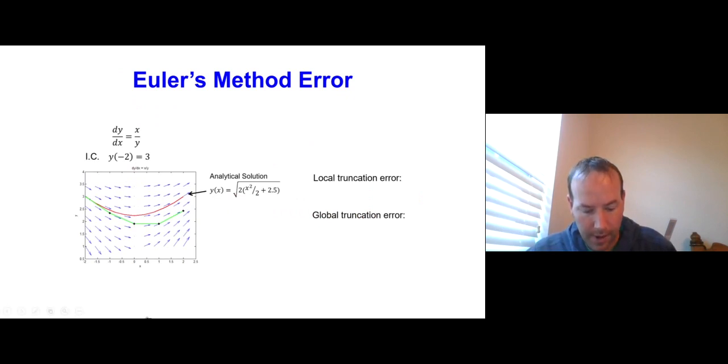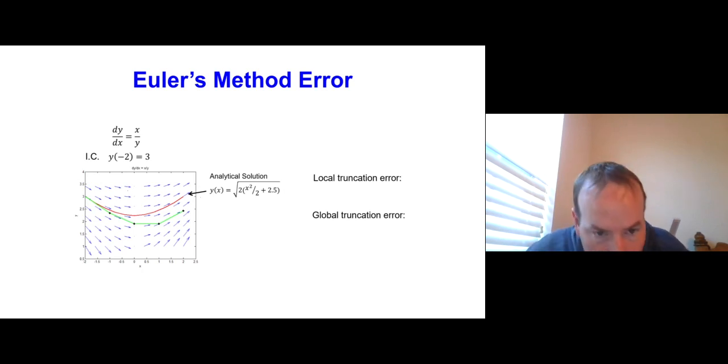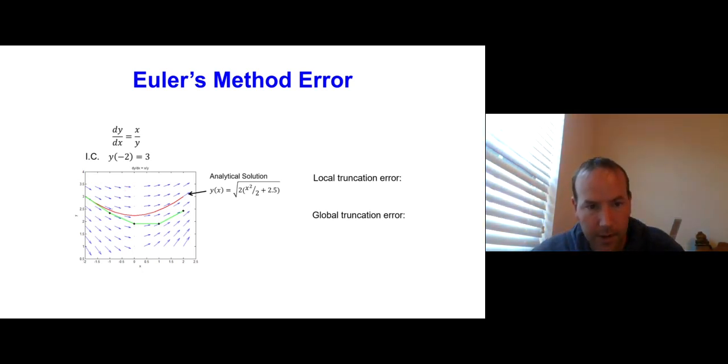So let's now talk about the error involved in computing these solutions, because there definitely is error that occurs. On this plot, this initial line shows what happens with the analytical solution, and this other, lower line shows what would happen if you compute Euler's method one step after another.